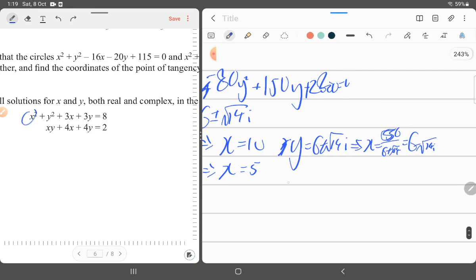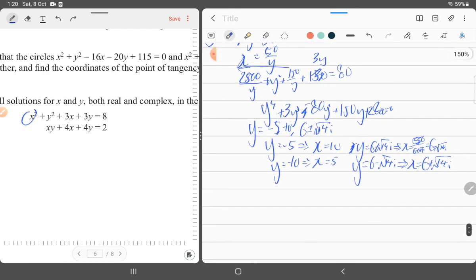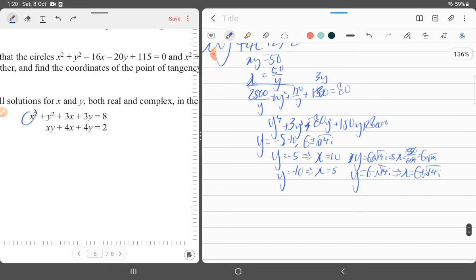Then y equals 6 minus square root of 14i creates x equals 6 plus square root of 14i, because conjugates. Wait, what are these solutions? Was I supposed to get them, since this feels so weird?